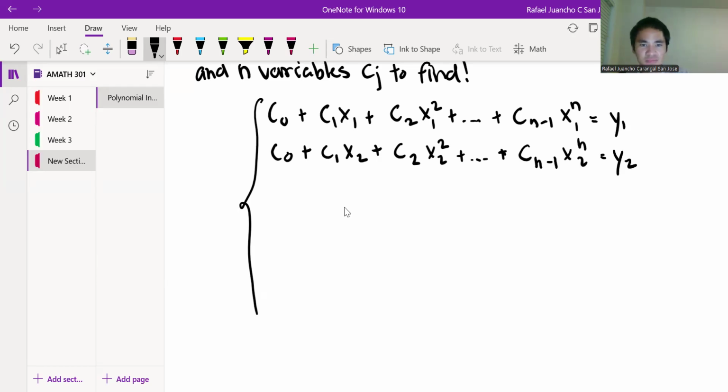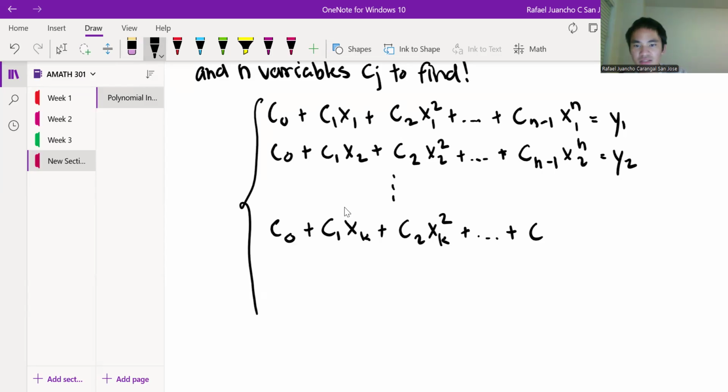And then we continue. Let's find some k value. So this is C naught, still C1, now this is my k value, all the way to C n minus 1, xk to the n minus 1, yk.